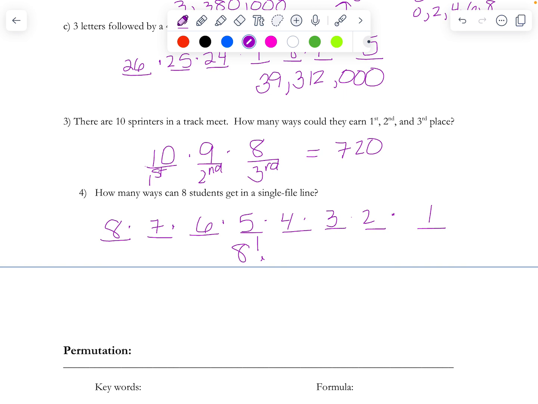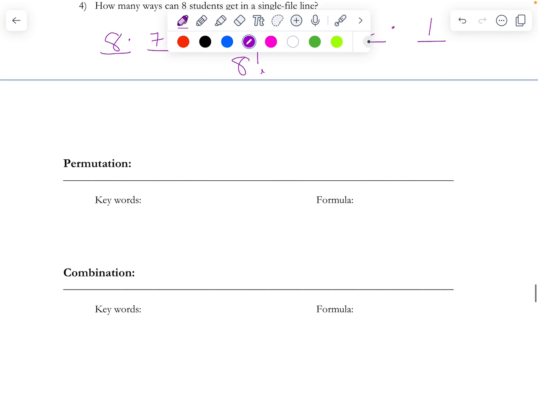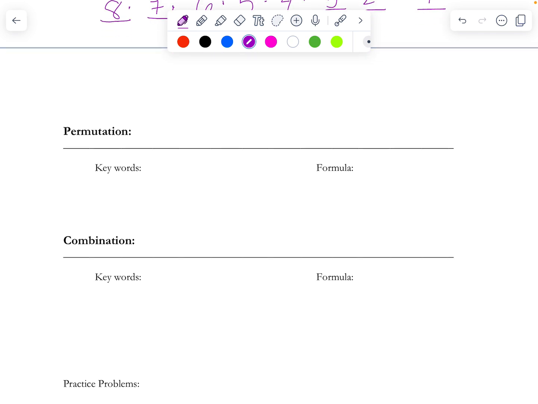Now, the last thing we're going to talk about today is permutations and combinations. Now, we did the formula for combination when we talked about binomial expansion. So let's talk about that first.